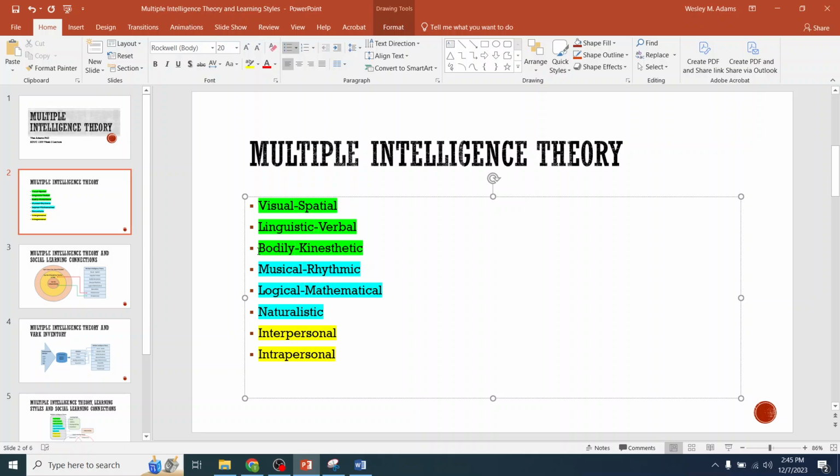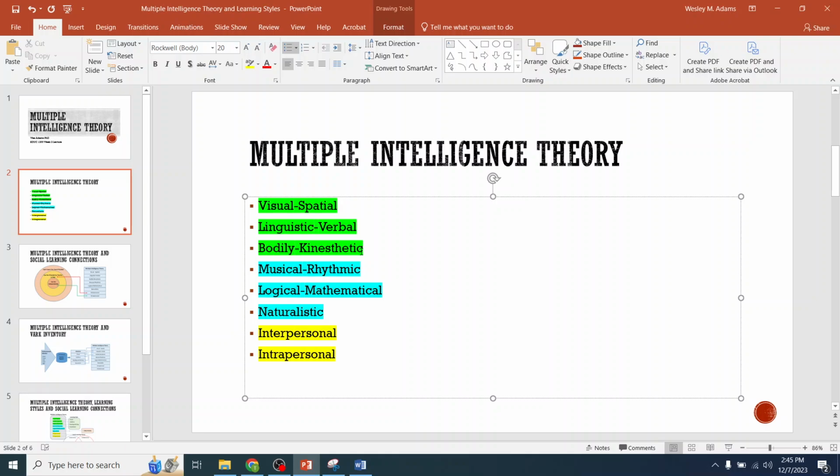The third on this list is bodily kinesthetic. I am a kinesthetic learner. That's why I love hands-on activities, even if there's a theoretical concept. If you can give me something that I can take that theory or educational theory and apply it to, I'll have a much better time processing that information.